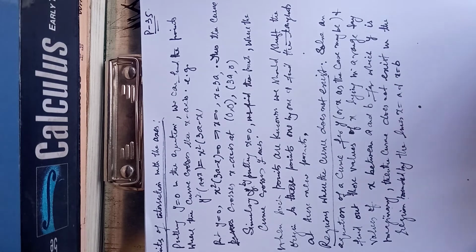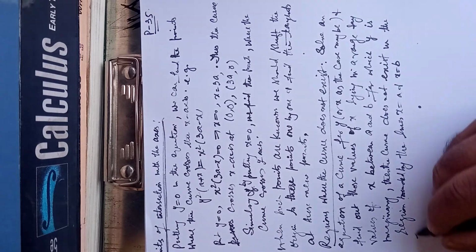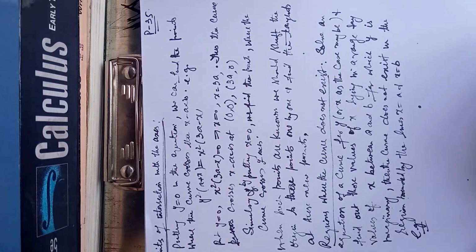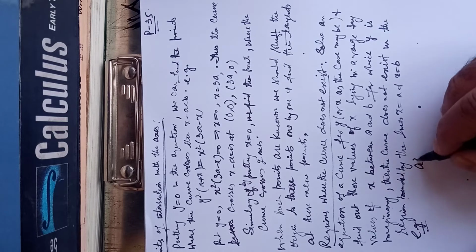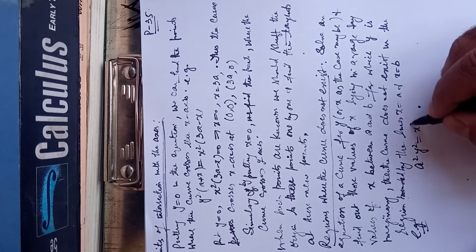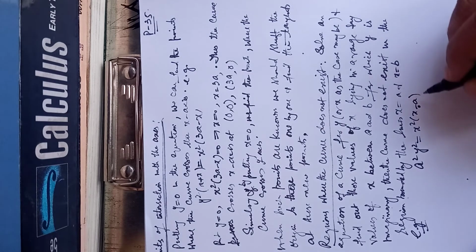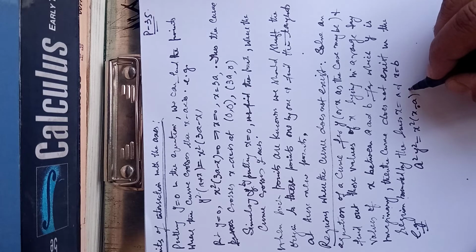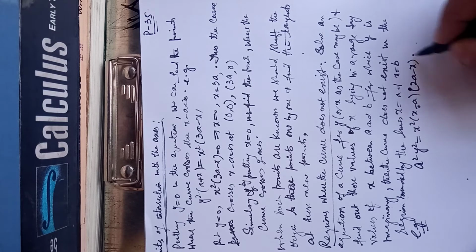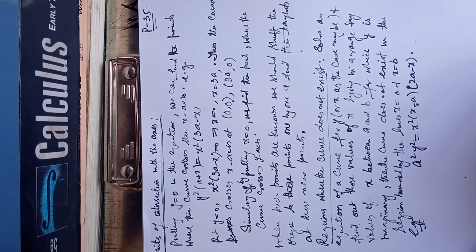Let me quote an example. If we have a square y square equal to x square (x minus a), fine, this is a curve. And let me put one more thing, say it is (2a minus x). We see that for all values of x less than a, y square is negative.